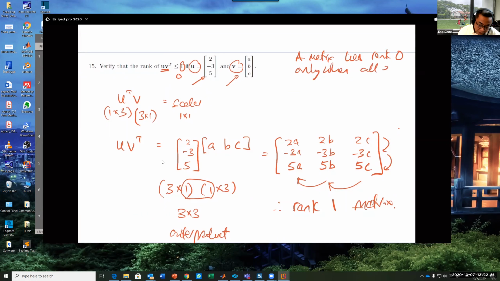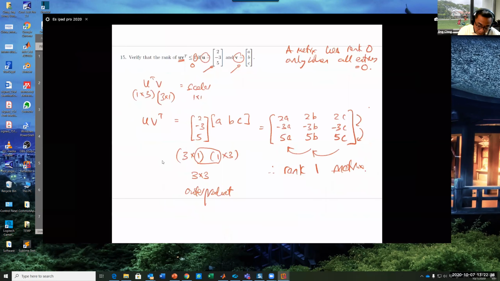And is this possible? Yes, of course. When we have a, b, c equal to 0, then the whole matrix will be reduced to zero, and therefore, yes, it is possible. It will be rank 1 or 0, and it will be rank 0 only when all the elements a, b, c are equal to 0. That's it.